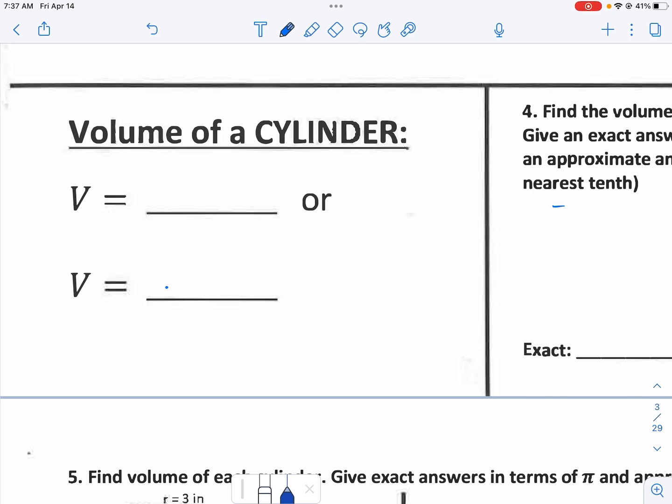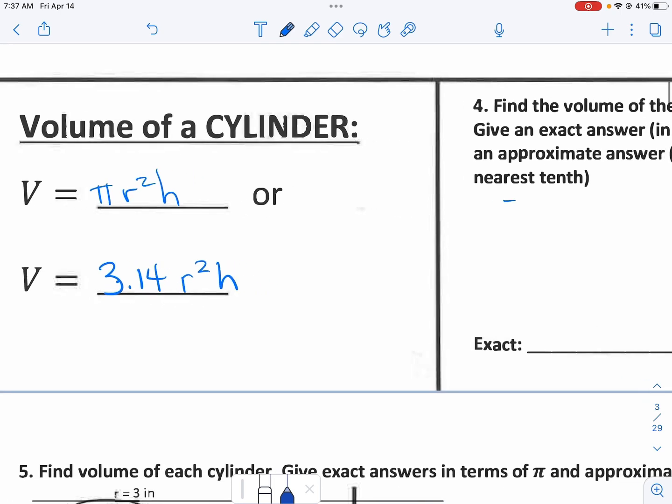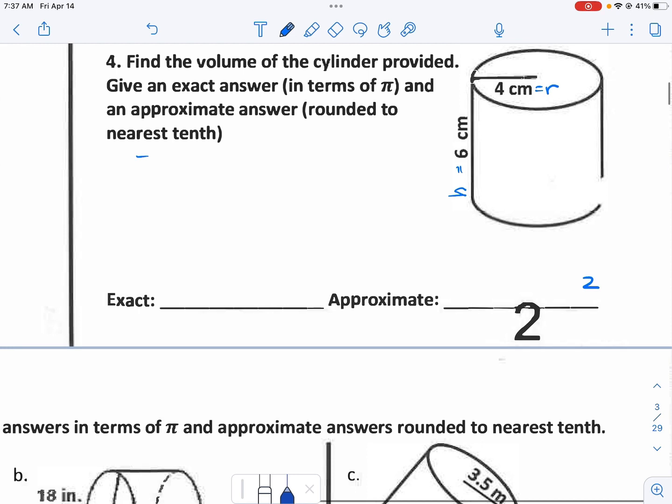So the volume of a cylinder is going to be pi r squared h. And that would get us our exact answer, but you can also plug in 3.14 times r squared h. So let's go ahead and find the volume over here.